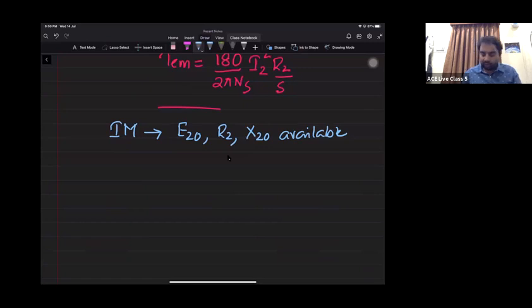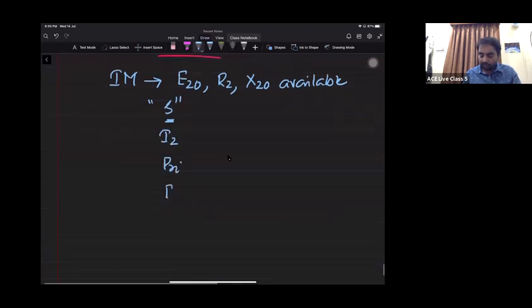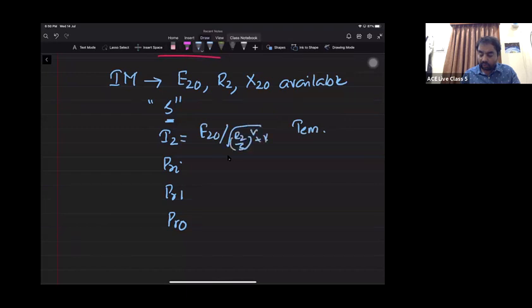Now you want to calculate, if the motor is operating at a given slip, what is the value of I2, what is the value of rotor input, what is the value of rotor losses, what is the value of rotor output power, what is the value of electromagnetic torque. Can you find out? Yes. Why? Because I have the formula I2 equals E2 naught by square root of (R2 by S) whole square plus X2 naught whole square.